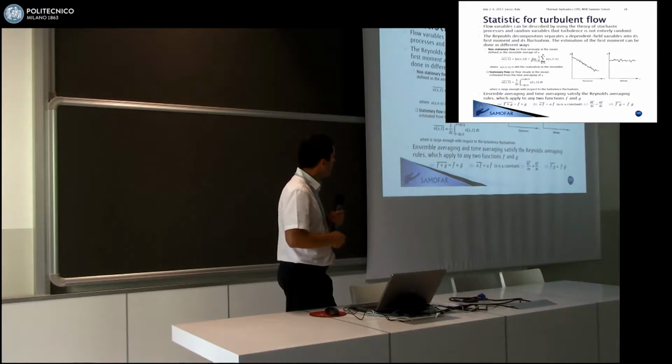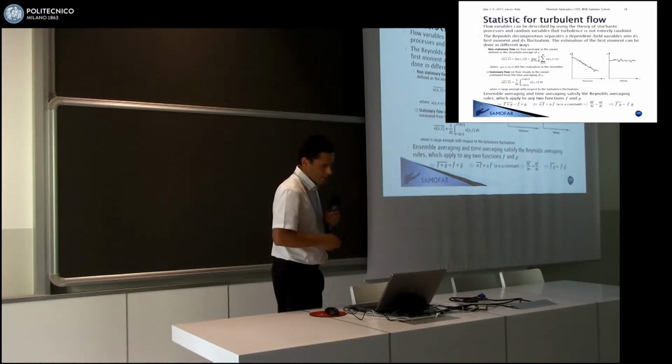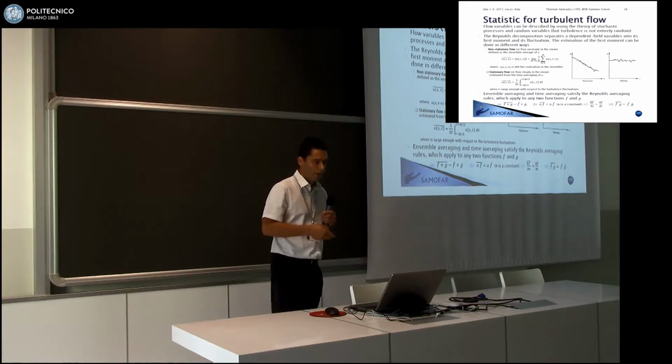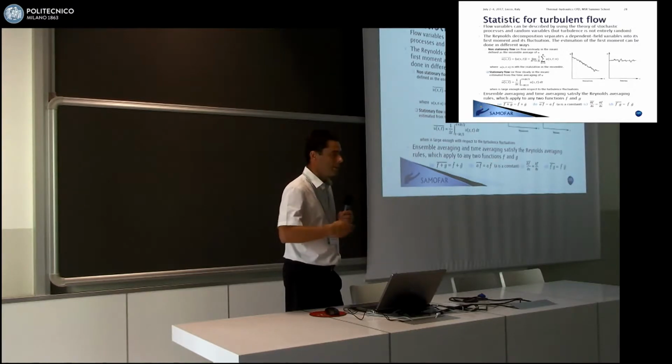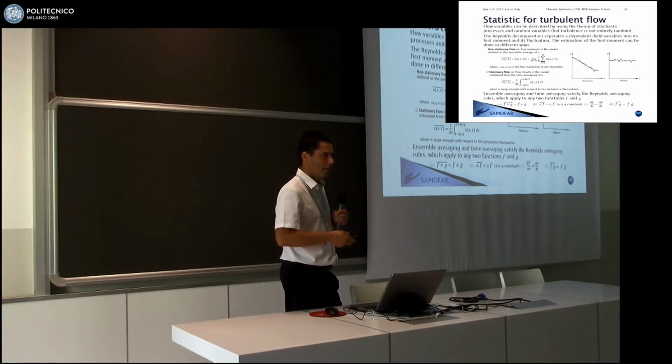One way of doing this is to use basically a theory of stochastic processes. So you will try to decompose the different variables of the flow into a mean value, an average value over time, and then a fluctuation.